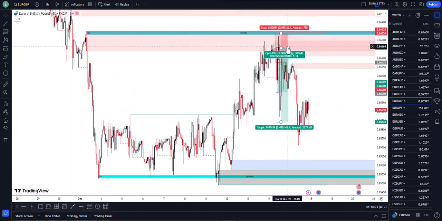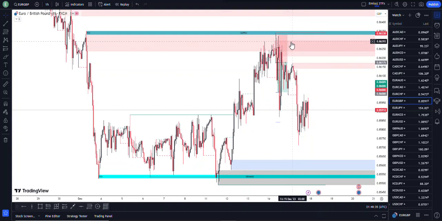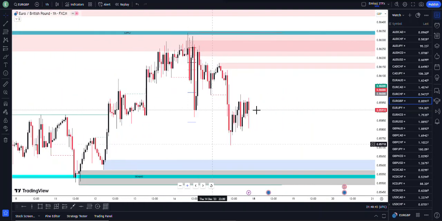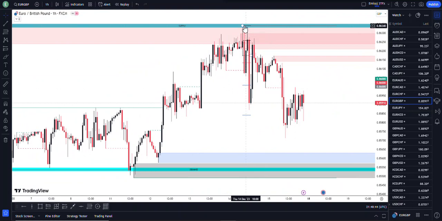So as you can see here, price touched our supply zone with this bullish candle, and that is what we're interested in. So we'll mark out that bullish candle.